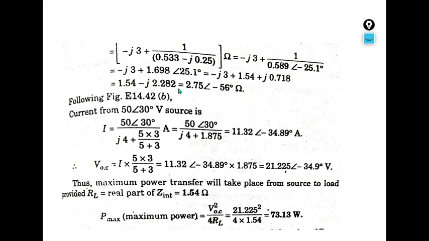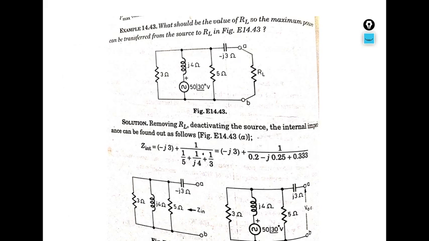Next, find out the VOC. To find VOC we have to find the current flowing through this path. The voltage drop will appear here because there is no other source, and whatever drop we get will appear across the AB points.